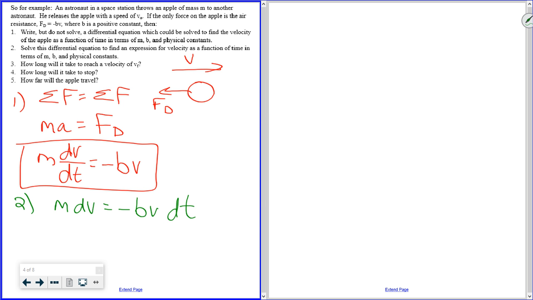But as much as you can, move any constants to the dt side of the equation. And then whatever you can't move stays on the dv side. Follow? All right, so what I'm going to do is get my v's and dv's on one side, and then constants and t's on the dt side. Does that make sense?